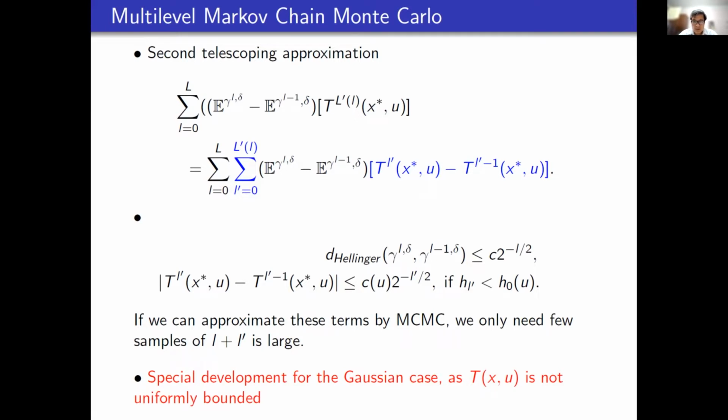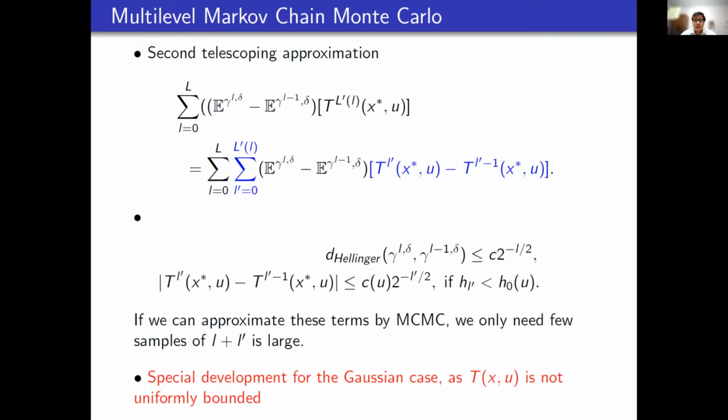So the main point here is that we just need to use a few MCMC samples for those terms for which we solve the forward equation well, and for those terms for which we do not solve the forward equation well, that is we use a fairly big mesh, then we need more MCMC samples to compensate for the fact that we don't solve the forward equation well.